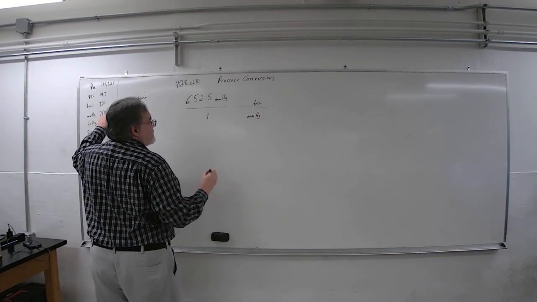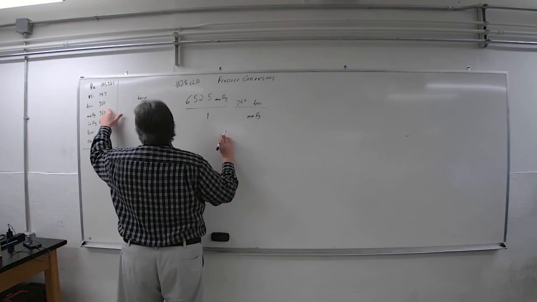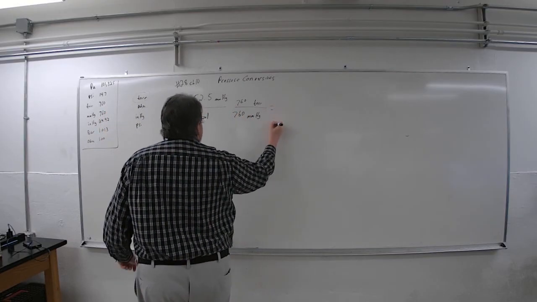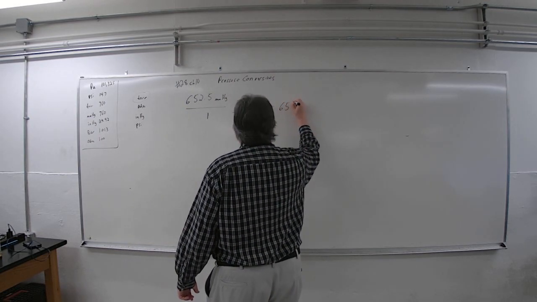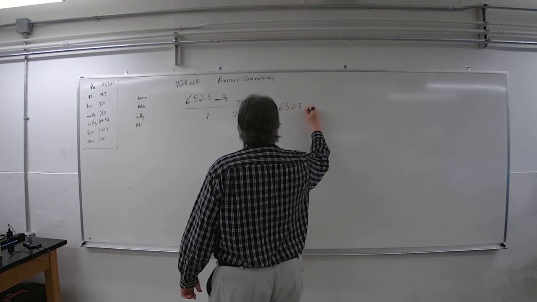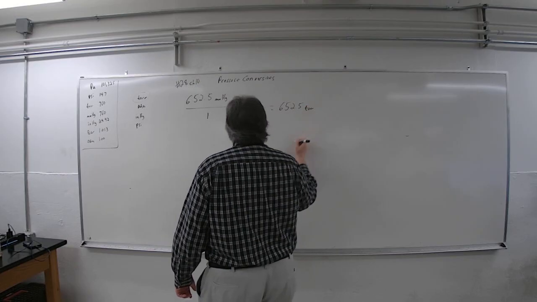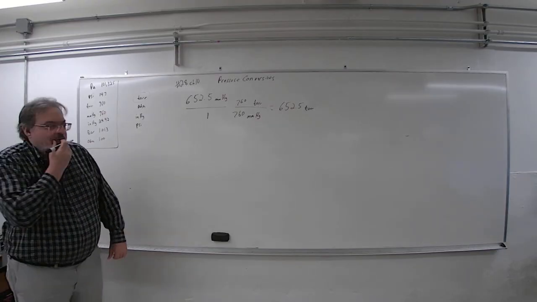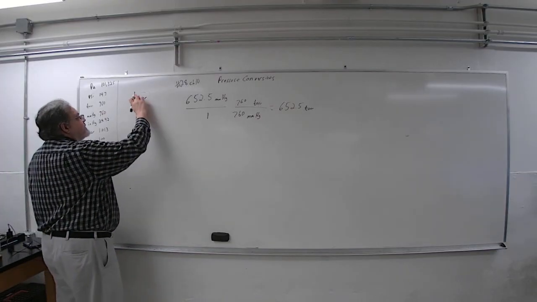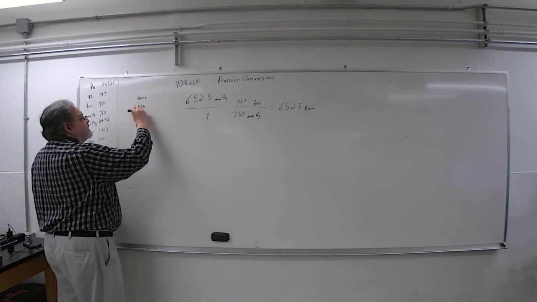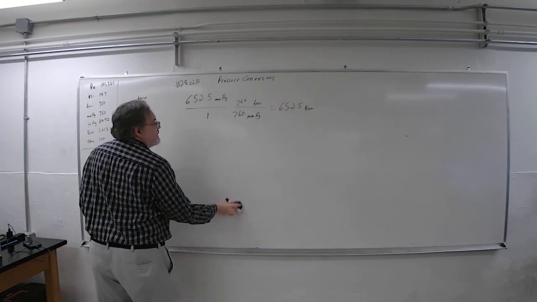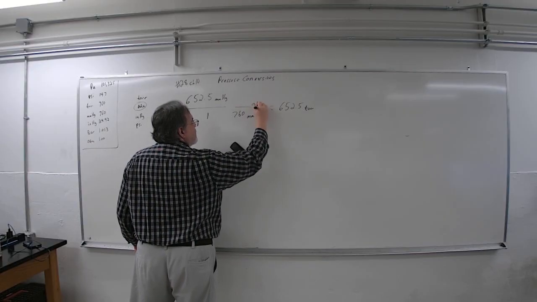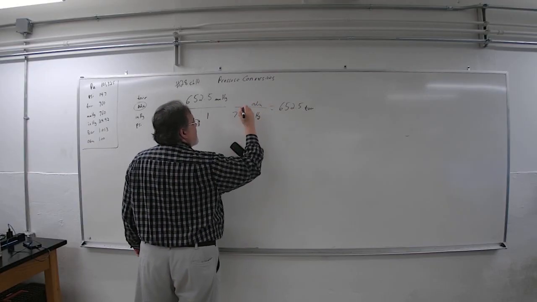So 760 torr is 760 millimeters of mercury, because millimeters of mercury and torr are the same. So if I wanted to do atmospheres, that means I want atmospheres on top.